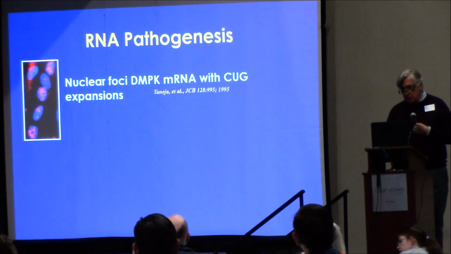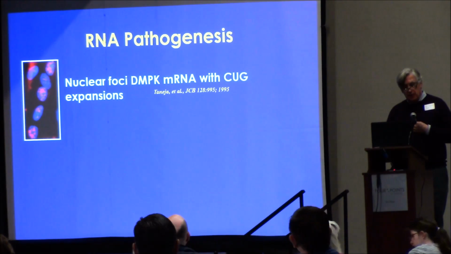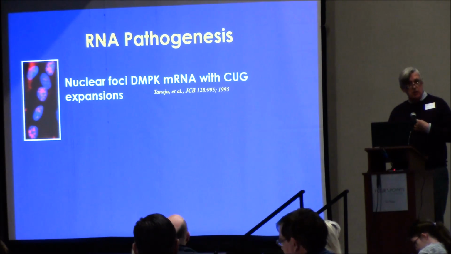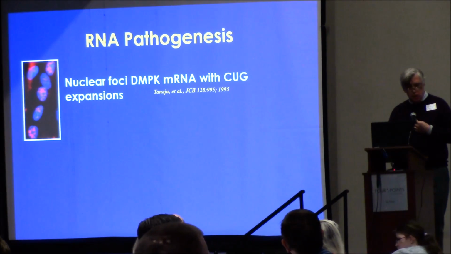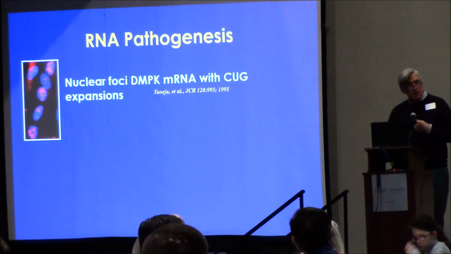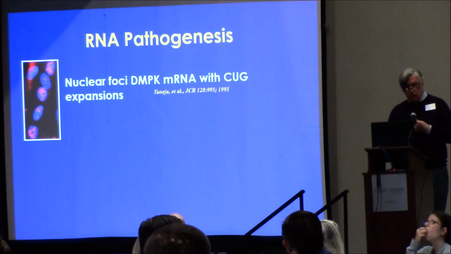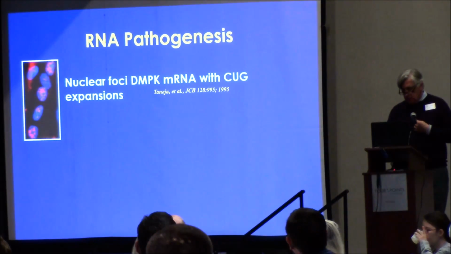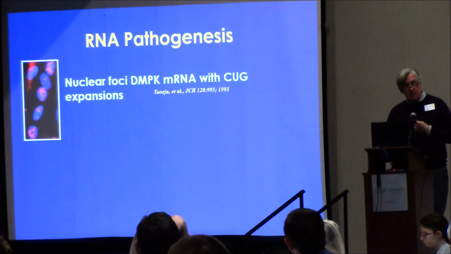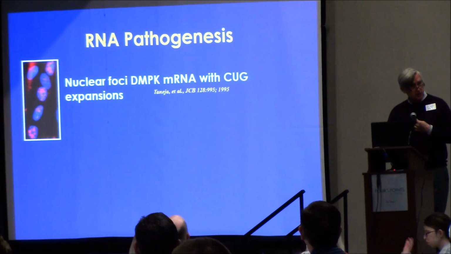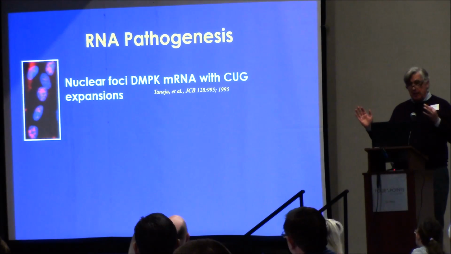So this was a huge, huge discovery. Back in 1995, the gene for myotonic dystrophy type 1 was identified in 1992, and 3 years later, these guys actually showed a picture of these clumps. So I was talking about these clumps down here in DM1 and DM2. They actually were able to look at them and see them under the microscope. This was a huge deal. Nobody knew what to make of it at the time.